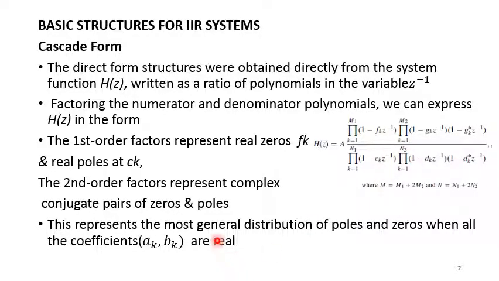This represents the most general distribution of the poles and zeros when all the coefficients, that is a_k and b_k, are real. You understand, in the original expression, when we express H(z) as a ratio of polynomials, we have a_k's and b_k's. If those coefficients are real, then this distribution will be acquired.